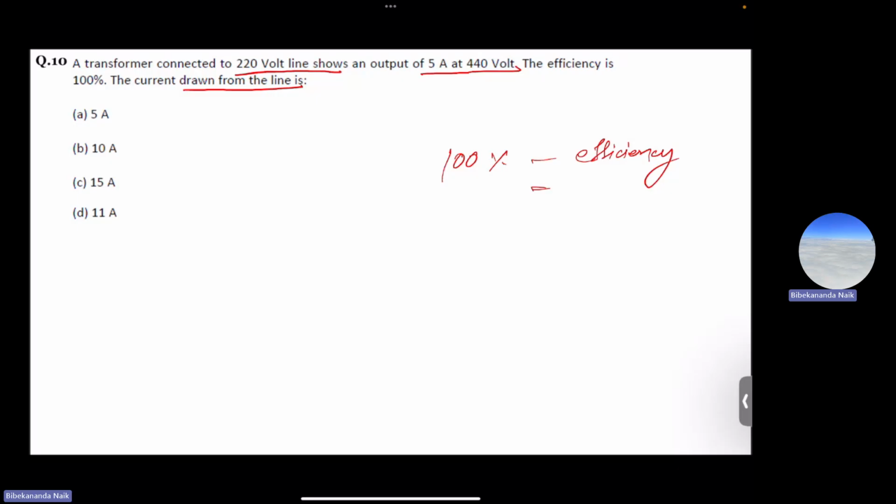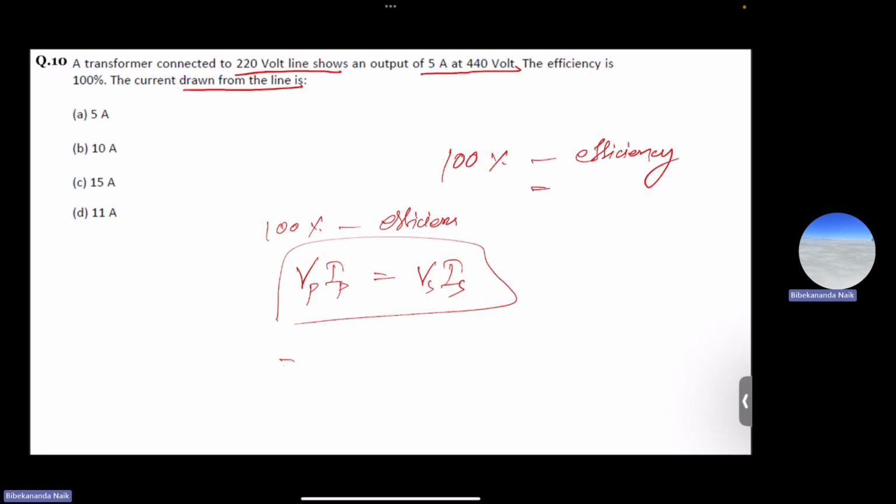At the beginning of our interaction session, we solved a problem which mentioned an ideal transformer, and ideal transformers have 100% efficiency. So for 100% efficiency, VP IP equals VS IS.